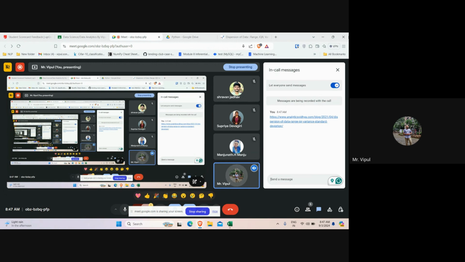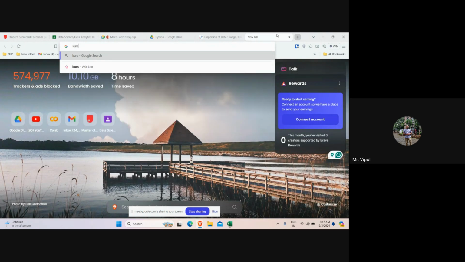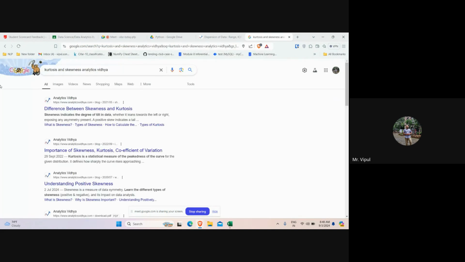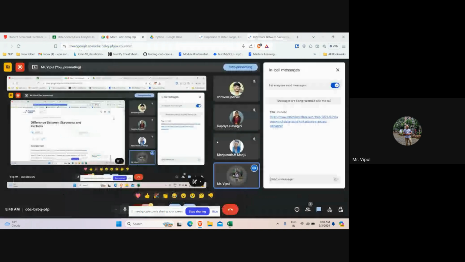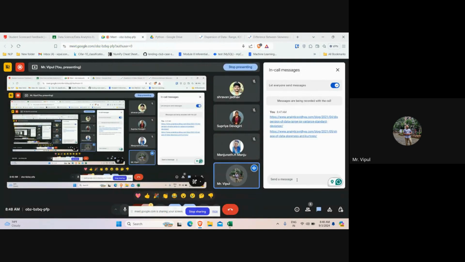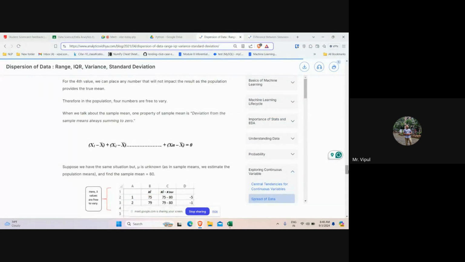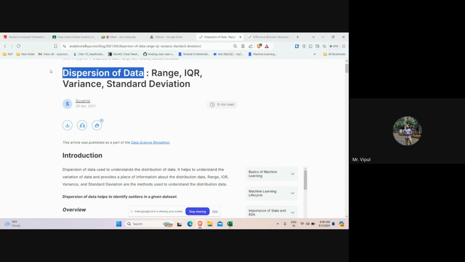And if you want one more article on kurtosis and skewness, you can read this as well. Let me know if you are done. Just read this for now: standard deviation, variance, dispersion of data.